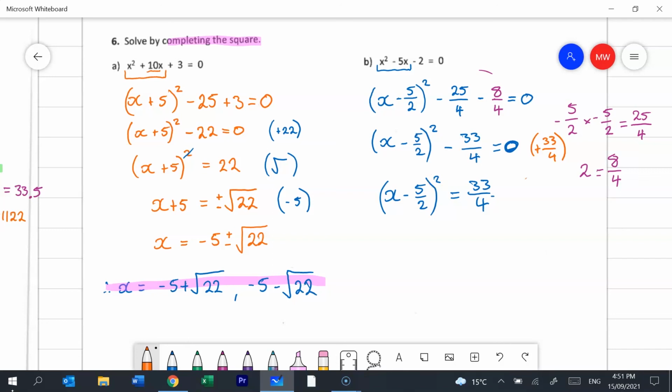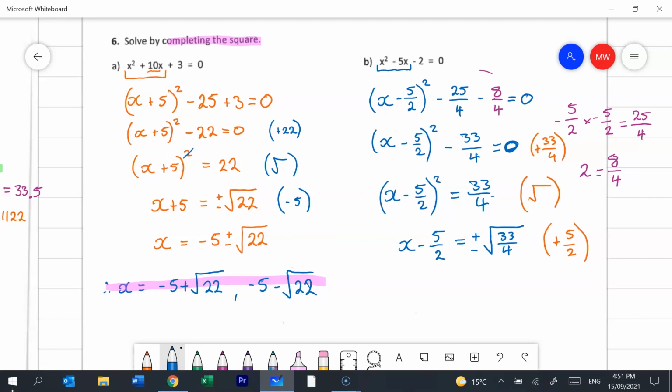I now like to get rid of this little squared here. So the opposite is to square root. I'll do that to both sides, and I'll end up with x minus 5 halves equaling the square root of 33 over 4. Remember, this can be positive or negative. And in the last step, I'm going to add 5 halves to both sides.